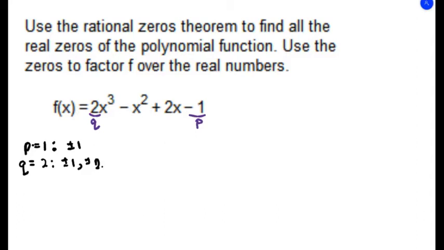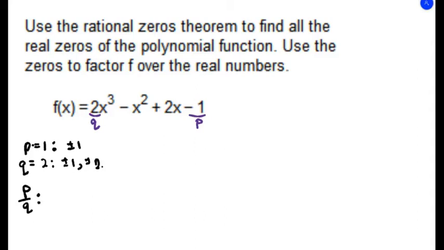And the rational zeros have to be among the list of p over q. So what we do is we come up with all the possible combinations of these factors of p over q.